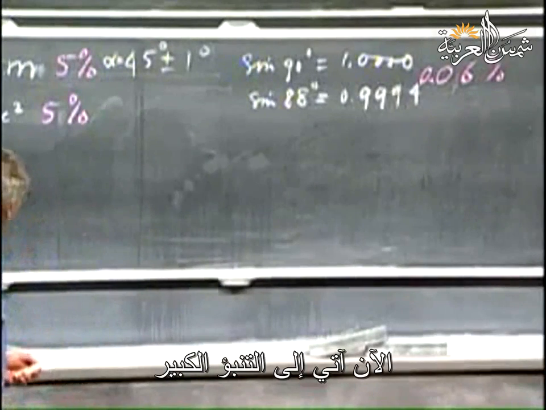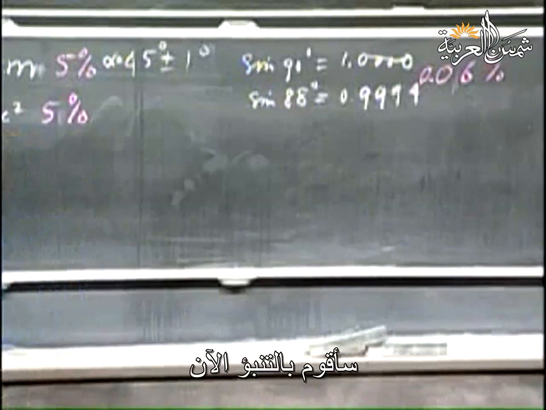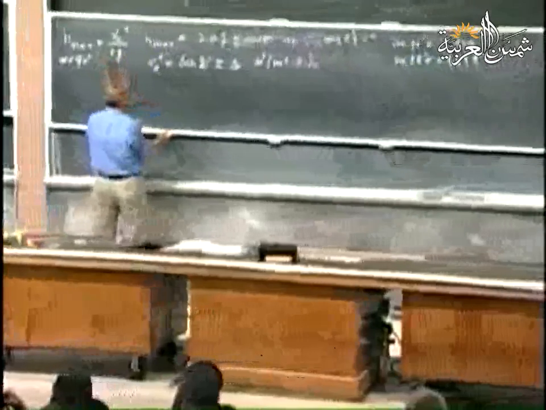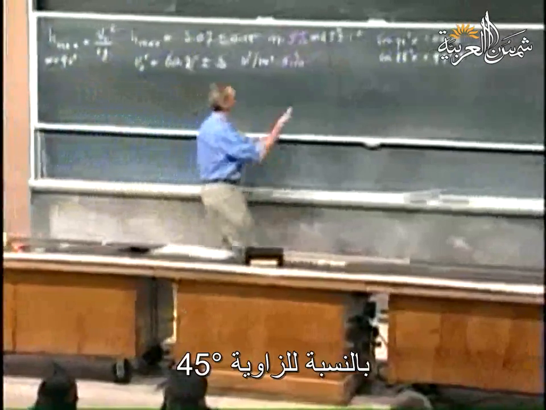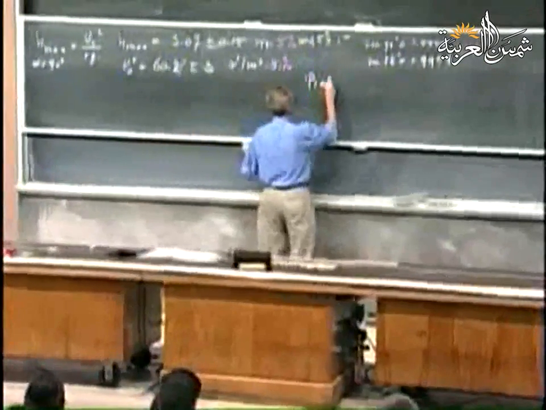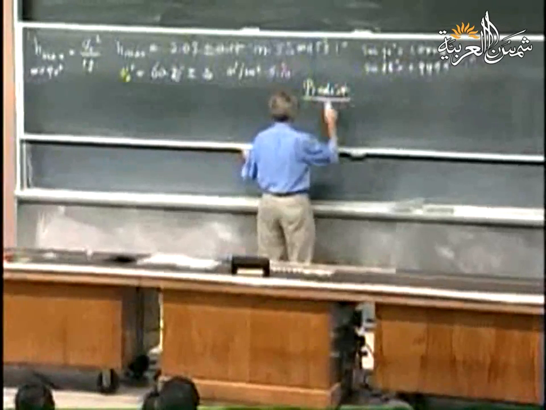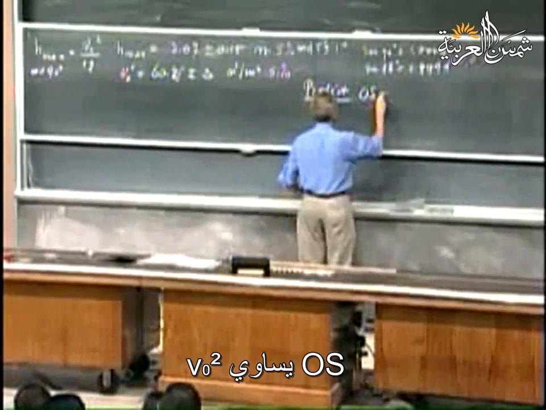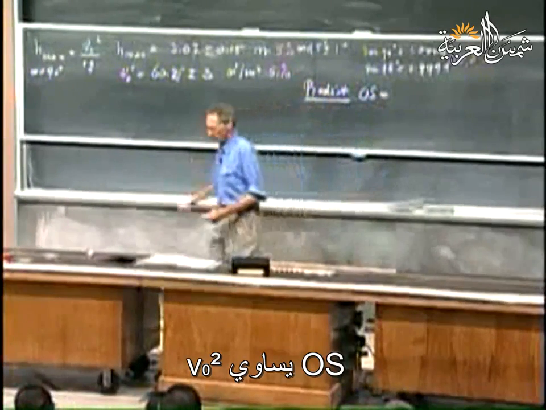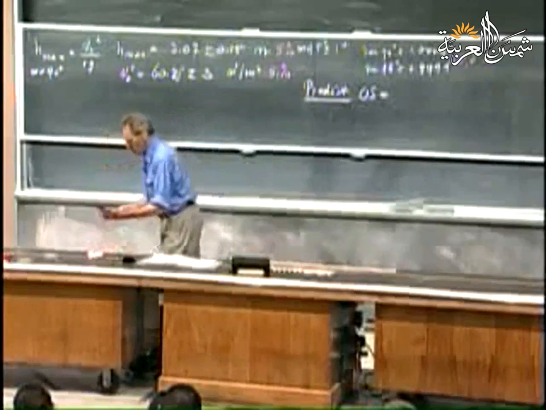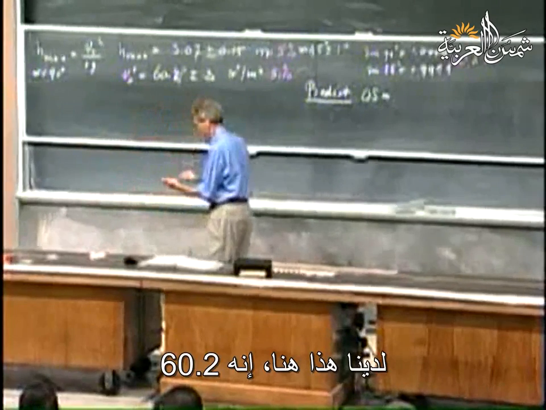And so now comes my big prediction. I'm going to make a prediction now. For 45 degrees, OS equals V0 squared. We have that is 60.2.